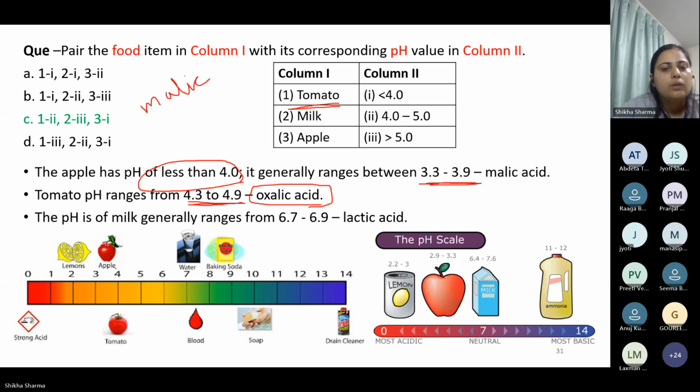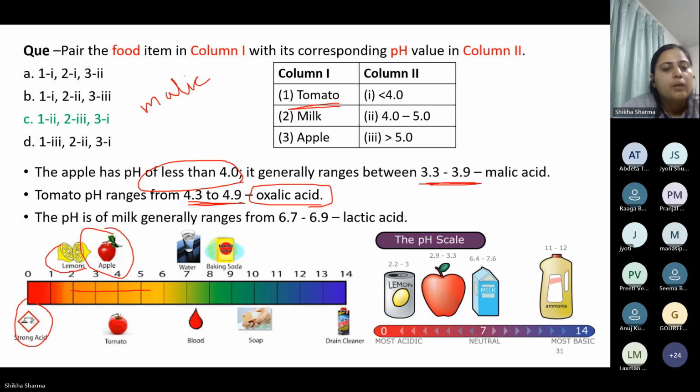So we can see in the pH scale, apple lies here. Strongest, which is at 0 pH, are the strong acids like HCl, H2SO4, the concentrated acids.